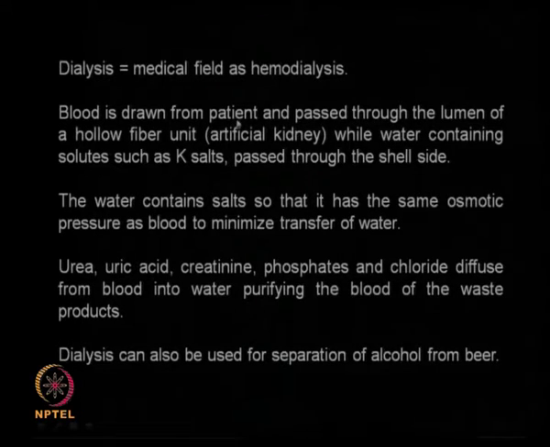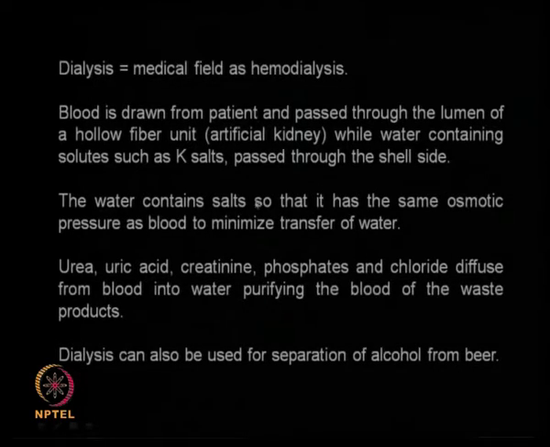The blood is drawn from the patient, passed through the lumen of a hollow fiber unit. Okay, there is a long hollow fiber, water containing solutes, that is called the dialysate, such as potassium salts, pass through the outer side, that is the shell side. Why do you add salts to the water? So that it will also have the same osmotic pressure as the blood.